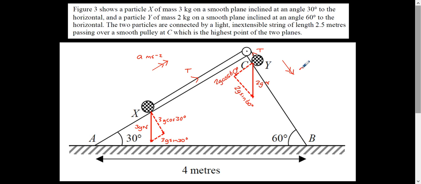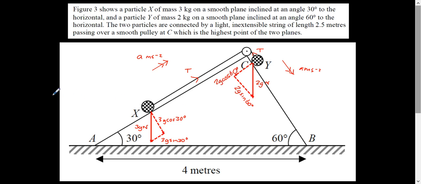Now we get that information from looking at part C when it says Y hits the floor, but also this steeper 60-degree angle is what's going to cause this Y particle to move down as opposed to the X particle to move down.